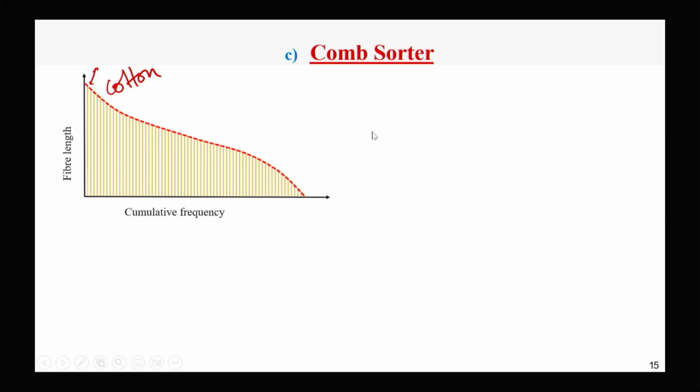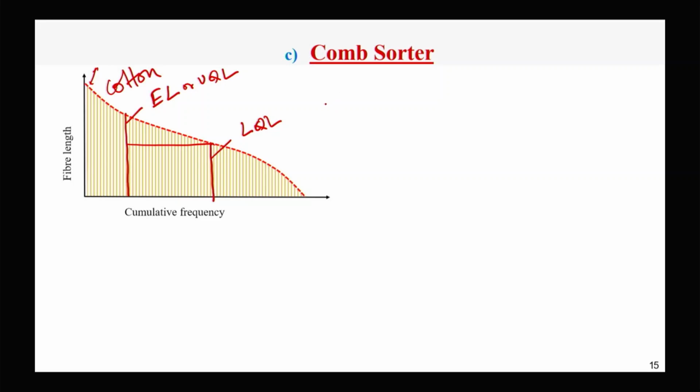Now if we see here, suppose this is the effective length, and here this point is the lower quartile length or upper quartile length.